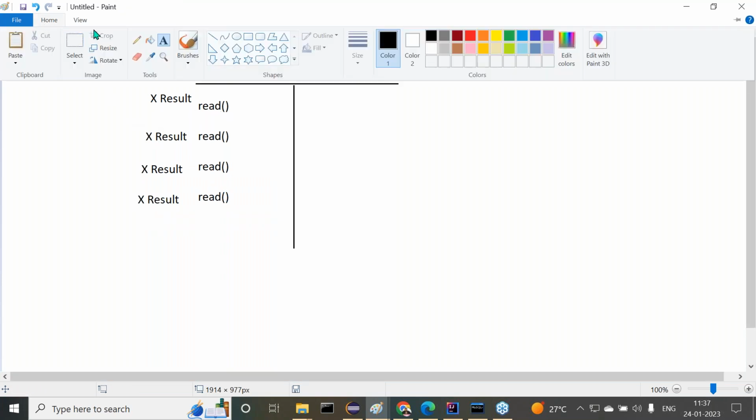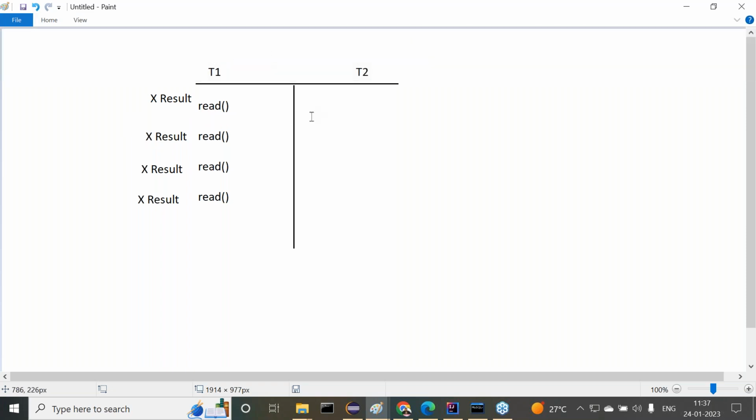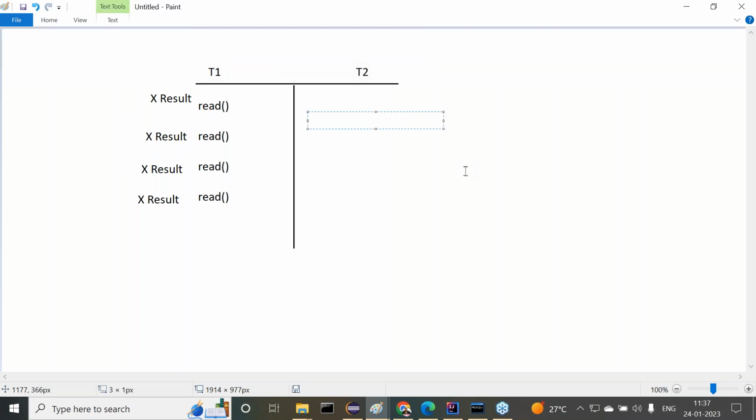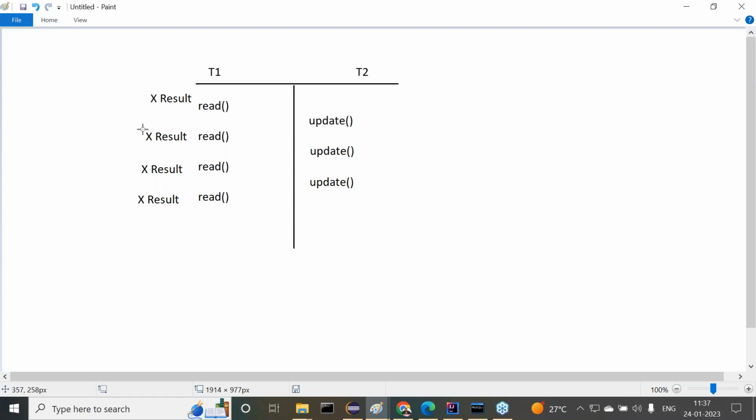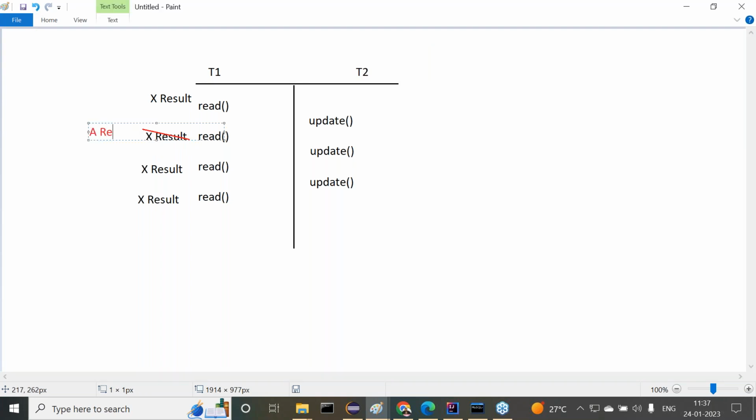This is my requirement. But unfortunately, between two read operations, the T2 transaction is performing an update operation over the same data. Here also an update operation. Because of this update operation, in the next read operation performed by T1, we are not getting X results; we are getting some A results.